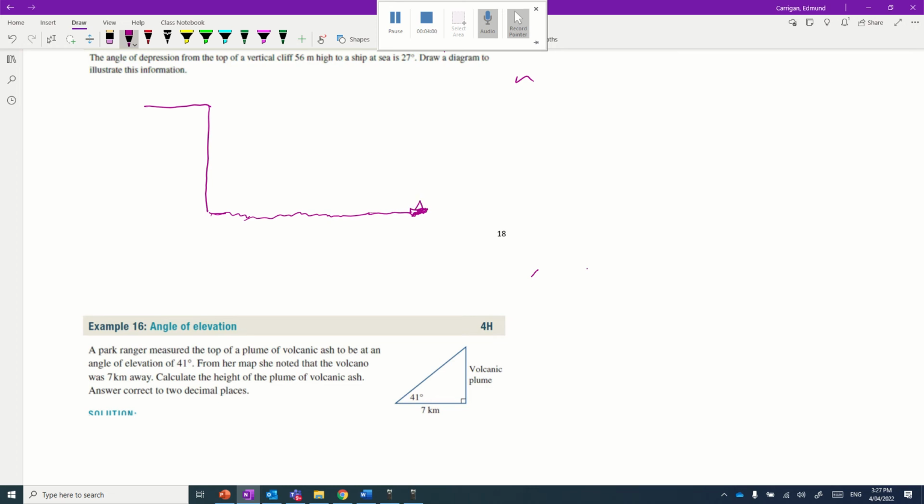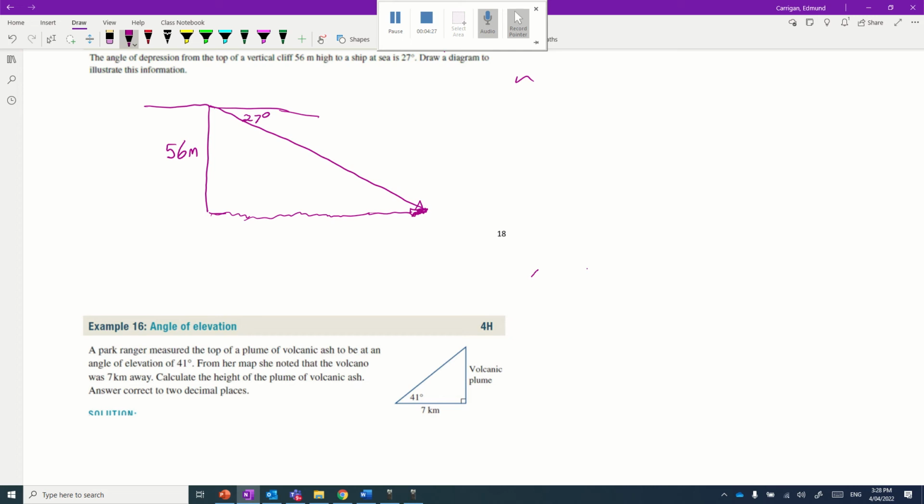So what I need is a line of sight which comes down to that. The angle of depression is the angle between the horizontal and our line of sight. So it sits up there, it's 27 degrees. The cliff is 56 meters high, so we need to put that in. And that is a diagram which will demonstrate that information.